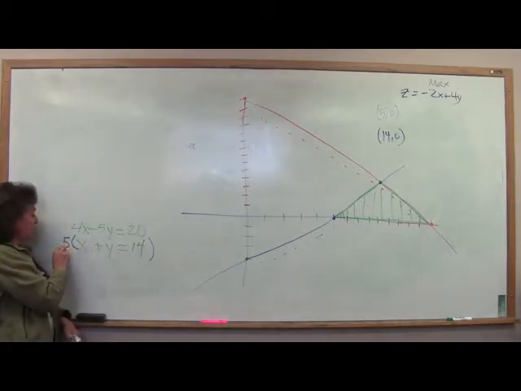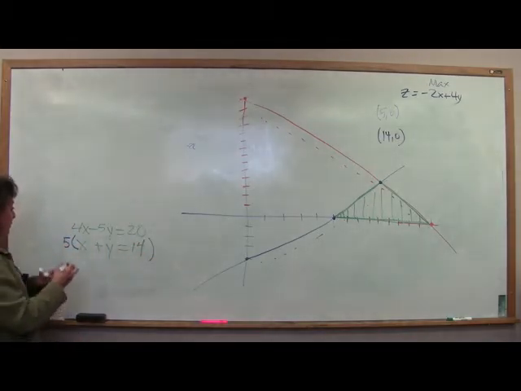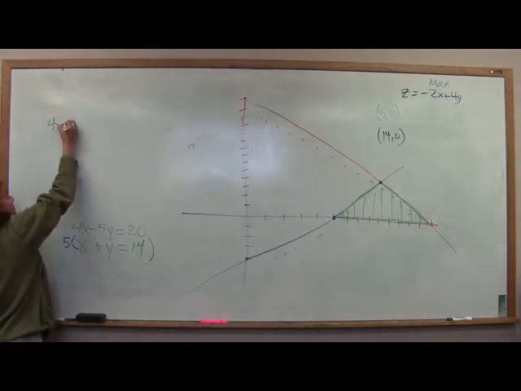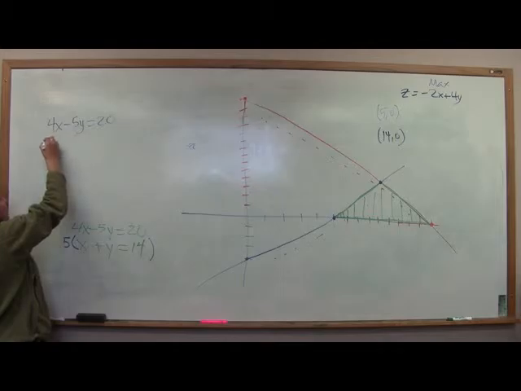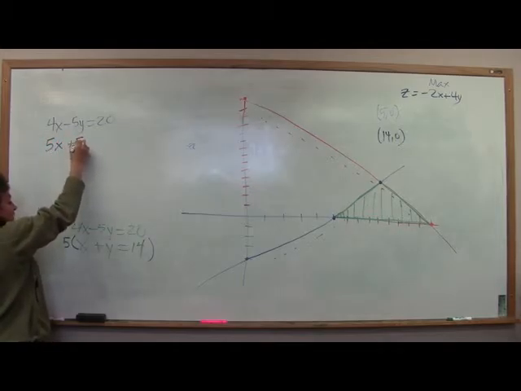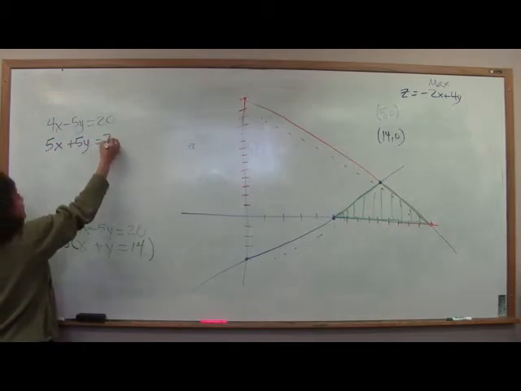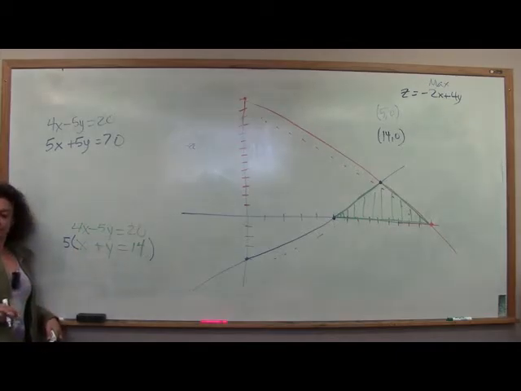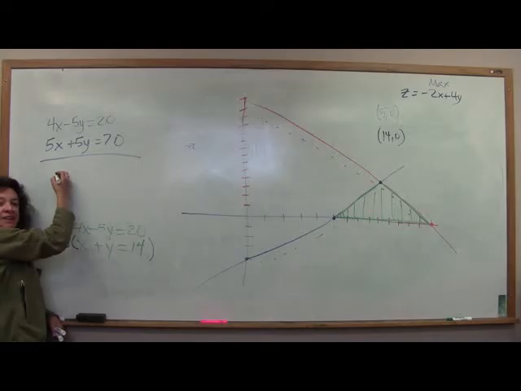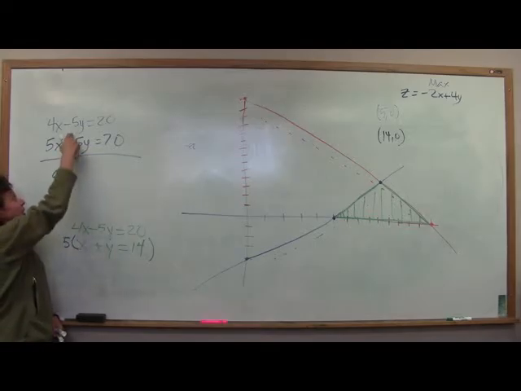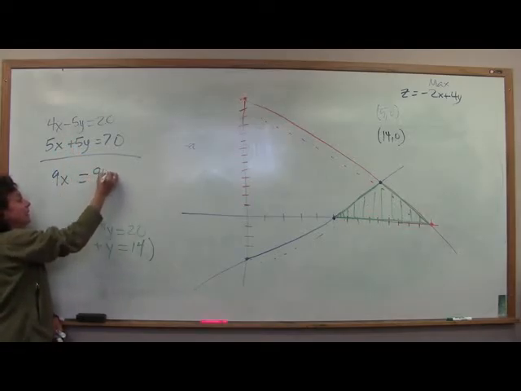So I'm going to multiply my bottom equation by 5. So my top equation is 4x minus 5y equals 20. My bottom equation is 5x plus 5y is 70. Add them up. What is 4x plus 5x? 9x. My y's cancel, and I get 90.